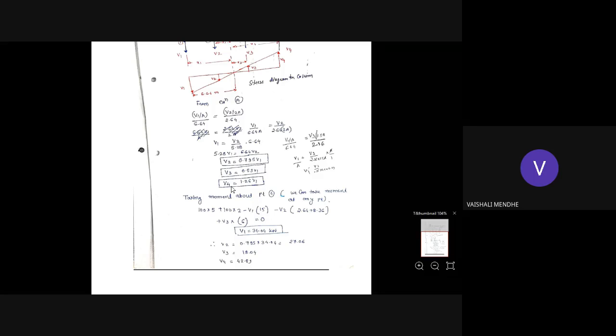So with the help of this, if you get the value of V1, you will be able to find out the values of V2, V3 and V4. ठीक है? First of all, we have found out the relations of that.